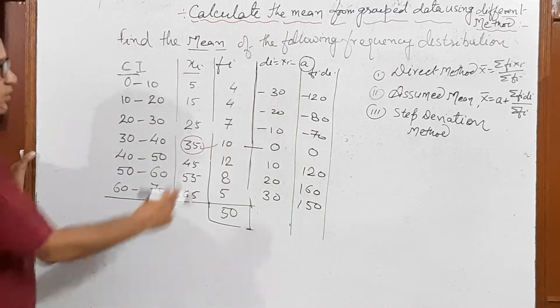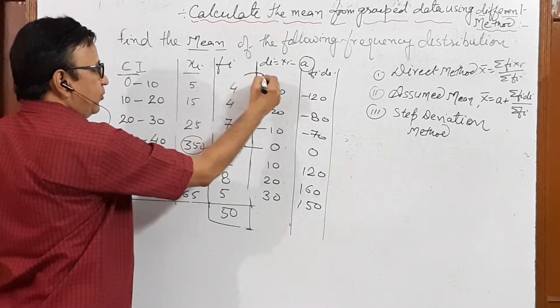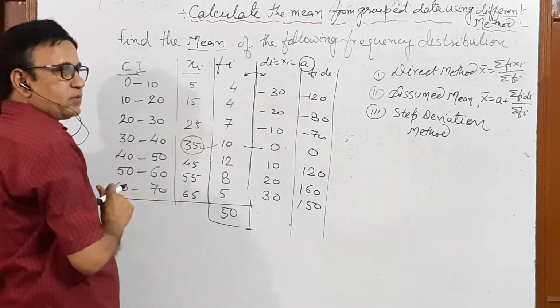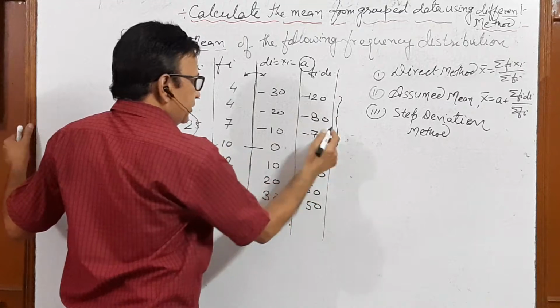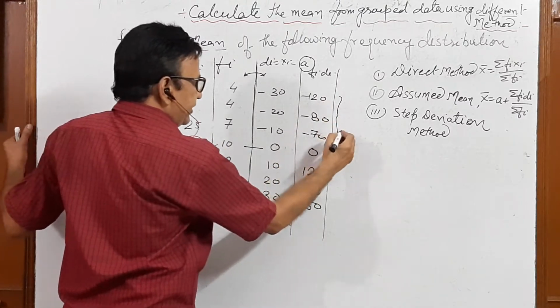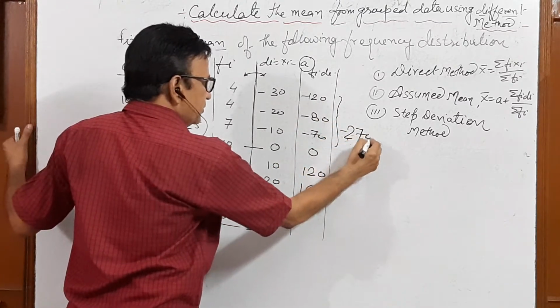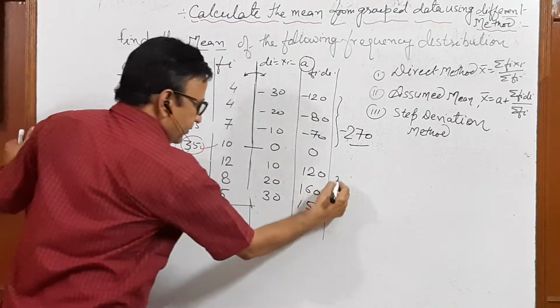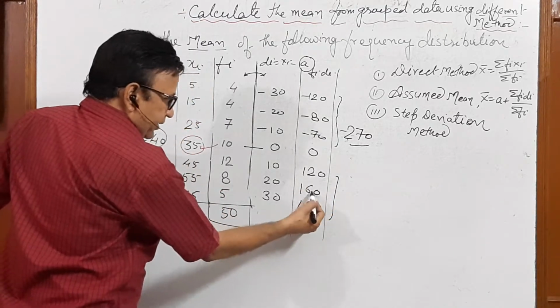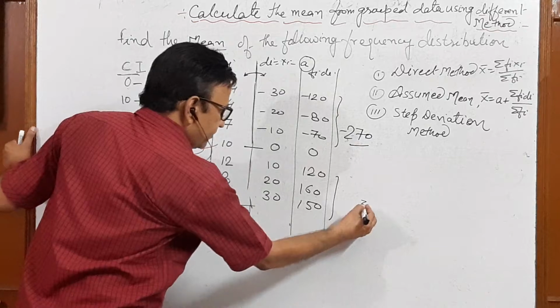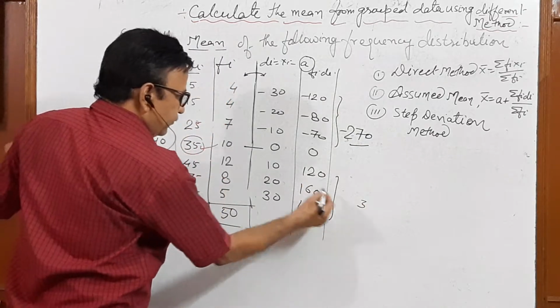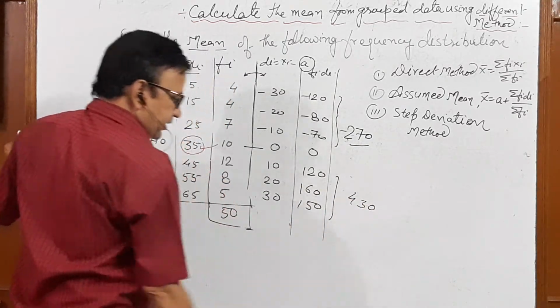Isn't it? I have done Fi into di. Multiply both the columns. Now see, you will get 270, minus 270. And here 6 plus 2 is 8, 8 plus 5 is 13, 3 and 1, 2, 3, 4, 430. Clear?